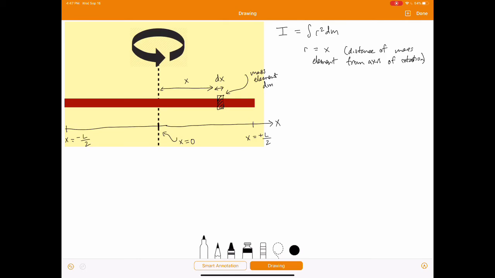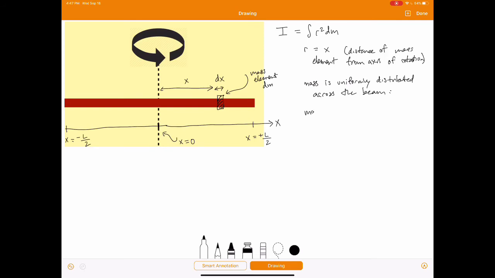All right, so one way we can get this is to use the fact that the mass is uniformly distributed on the rod, or across the beam, right? Okay, so that means that we can set up a little ratio.